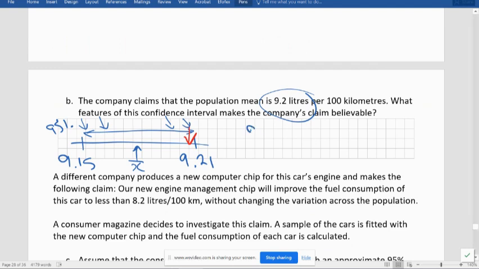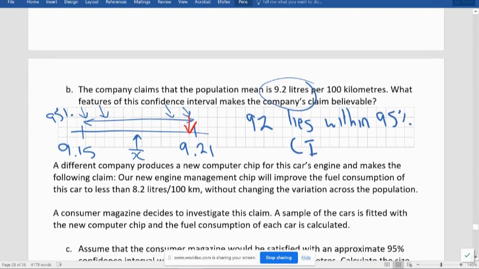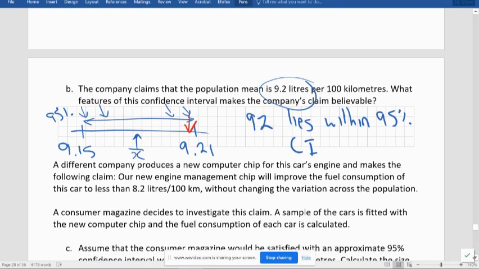You just need to say what makes it believable. 9.2 lies within the 95% confidence interval. Doesn't make it true though, but it does help their argument. If it said 9.3, then we can go, you guys are lying.